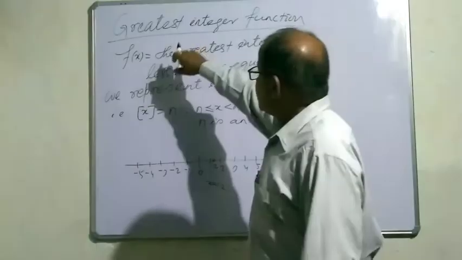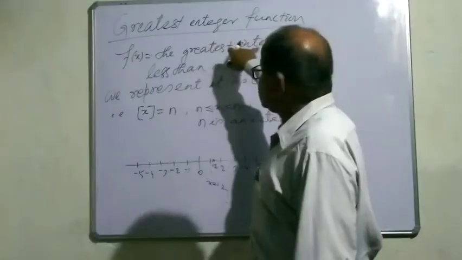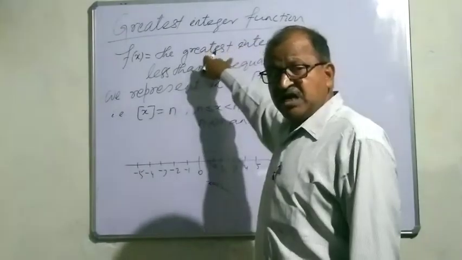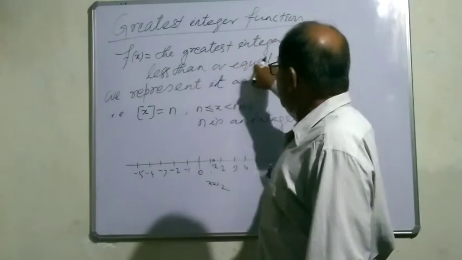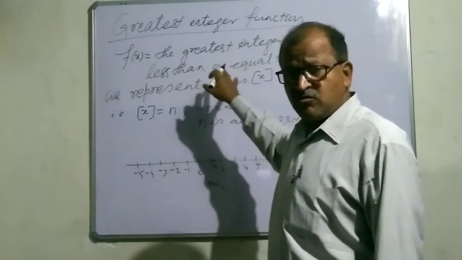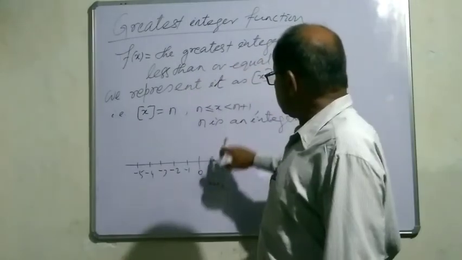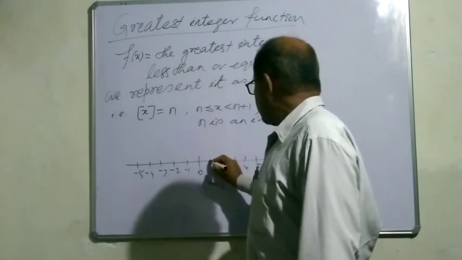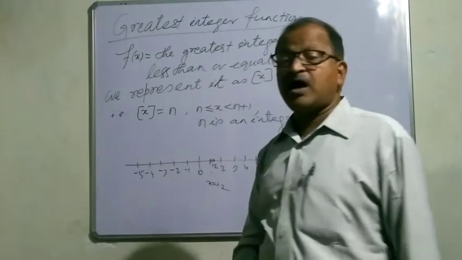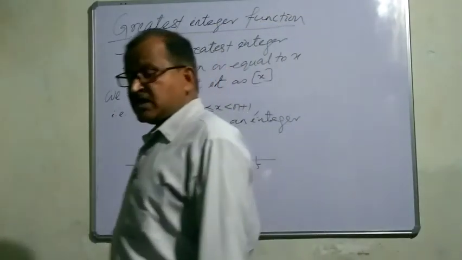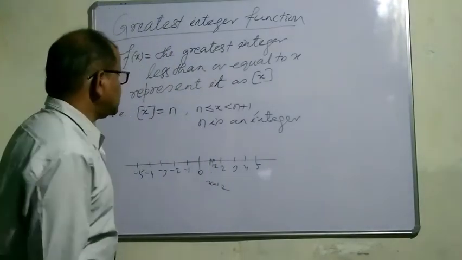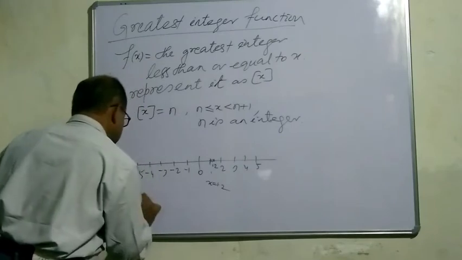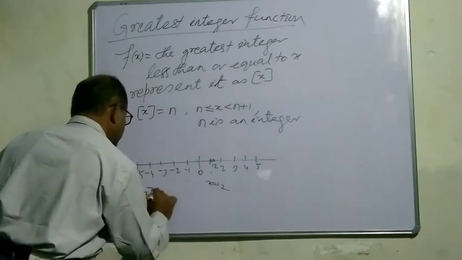Just to the left of 1.2 lies 1. 1 is the greatest integer less than 1.2. So the greatest integer value of 1.2 is 1.